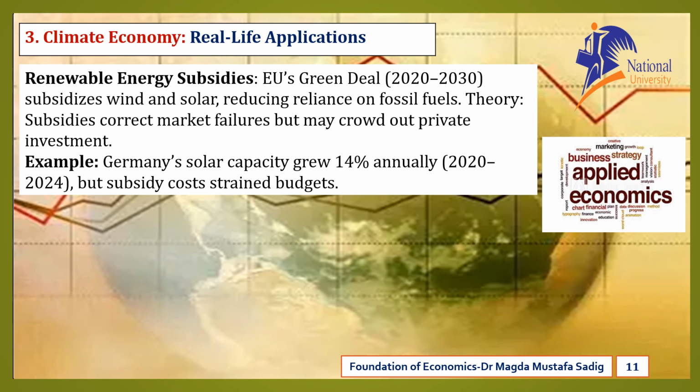The goal is to reduce emissions, create green jobs, and enhance energy security. Example, Germany's solar expansion. Thanks to subsidies, Germany's solar capacity grew 14% annually between 2020 and 2024, making it a leader in renewable deployment.